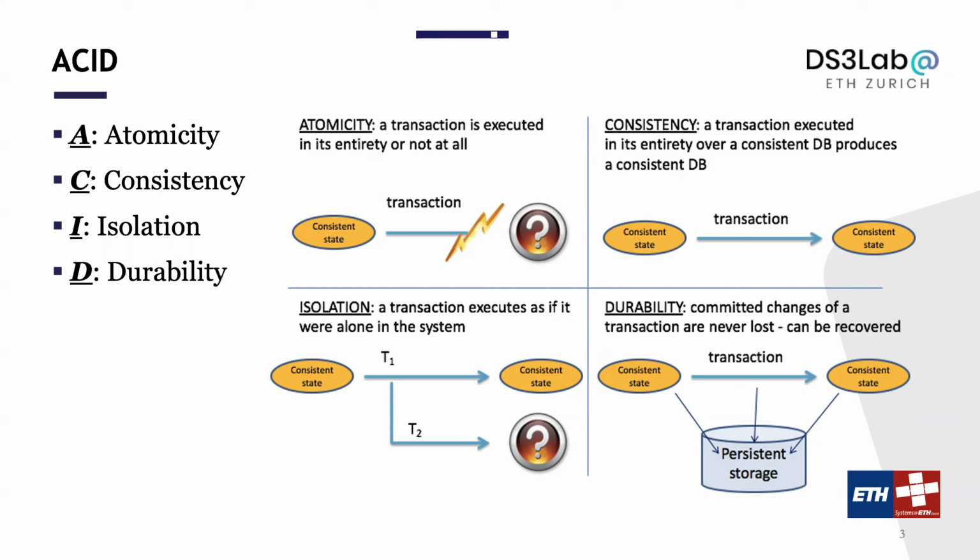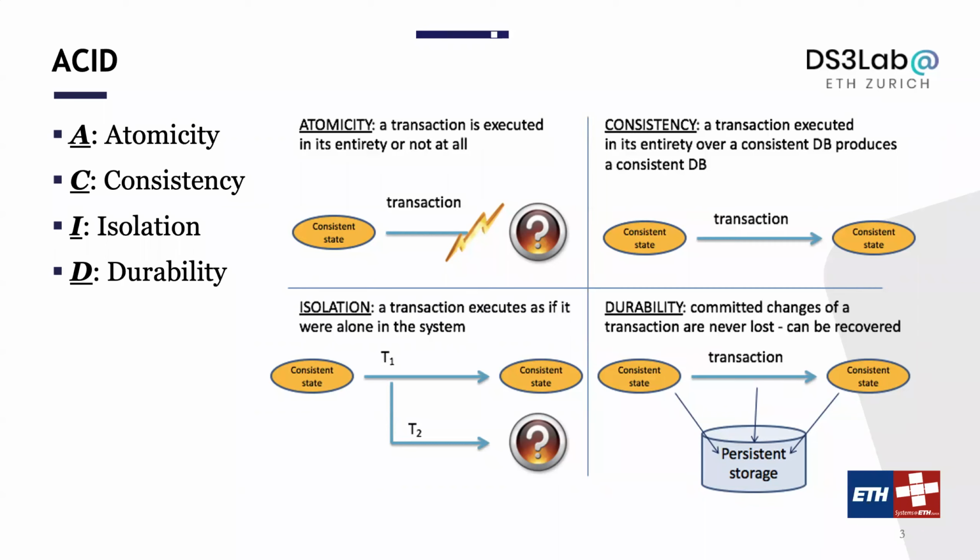And there's isolation. When you have multiple transactions running together, we want to make sure the final result is as if the system is running one transaction at a time. The fourth property is called durability, which means that if a transaction is committed, the system tells the user it committed this transaction, then the changes caused by that transaction will never be lost.